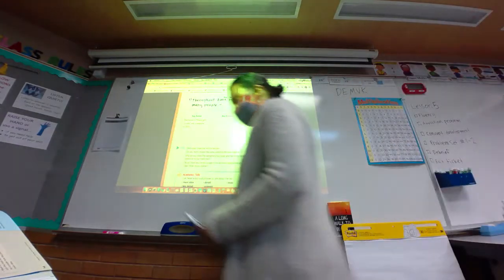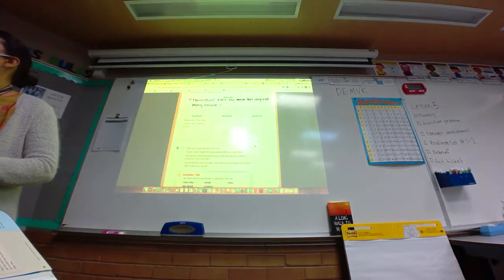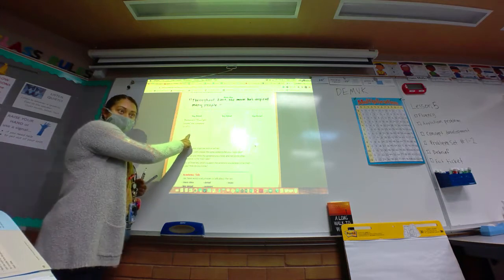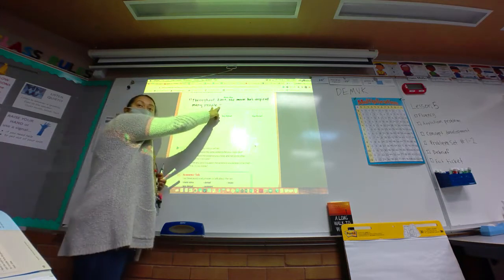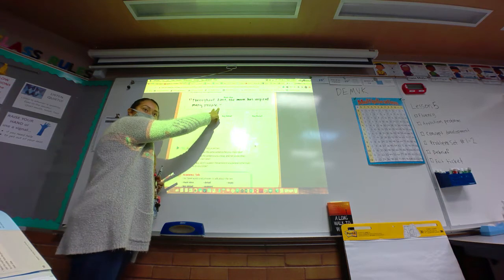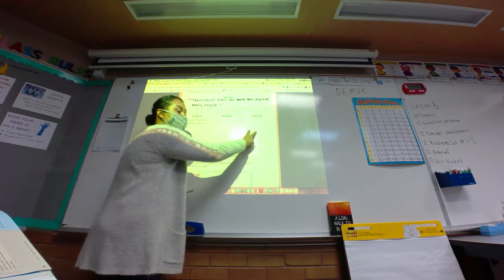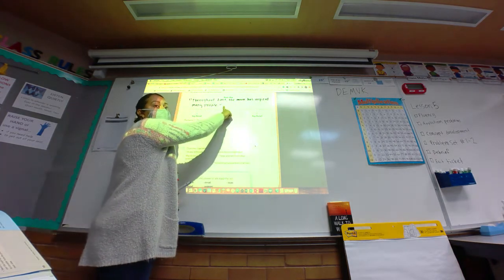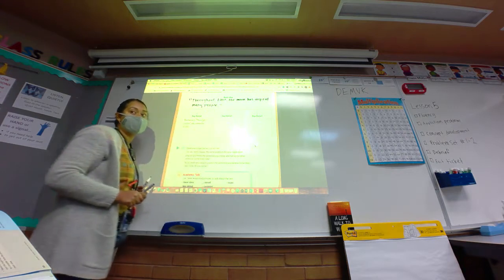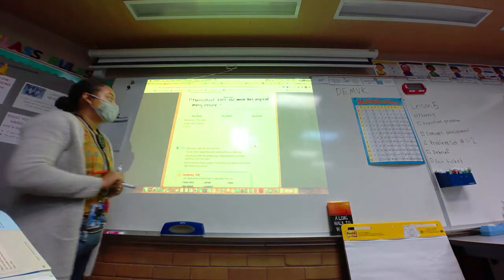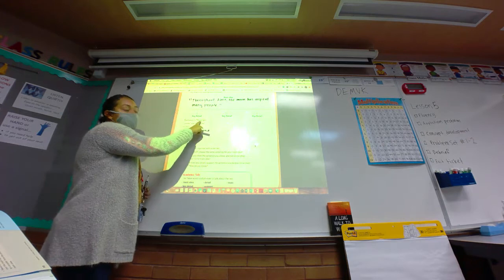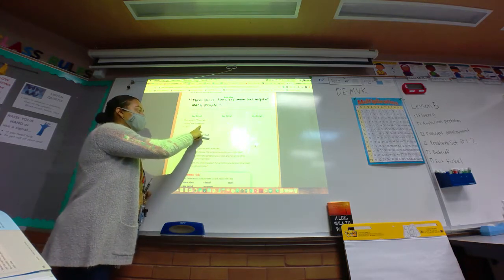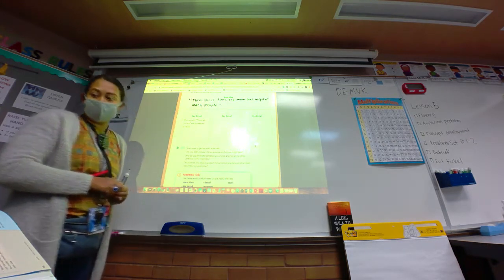Okay, now we have that down. Next, we have an example of a key detail that supports that this is true. So we need to find two more details that support that this is the main idea of the text. Okay, so the first one was Beethoven's Moonlight Sonata was composed in 1801.